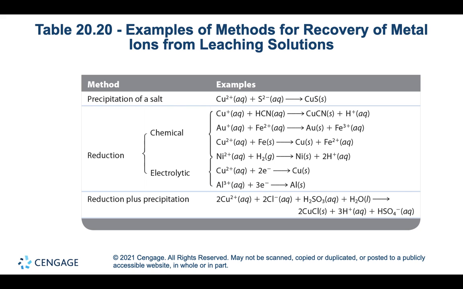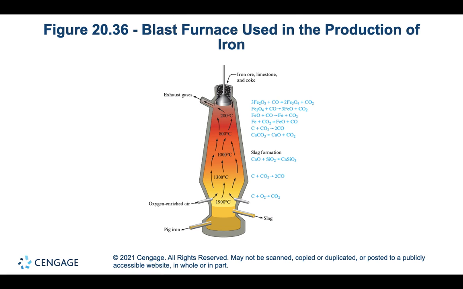Your precipitation steps might involve various ions being used to precipitate out. The blast furnace is used to reduce iron from the iron ion to the iron metal. It's got a lot of different temperatures within the furnace that cause different reactions to occur. Also different chemicals like carbon monoxide and carbon dioxide and carbon are used.